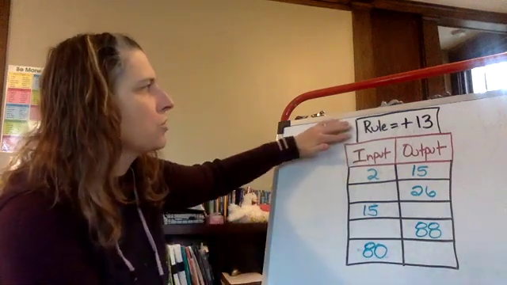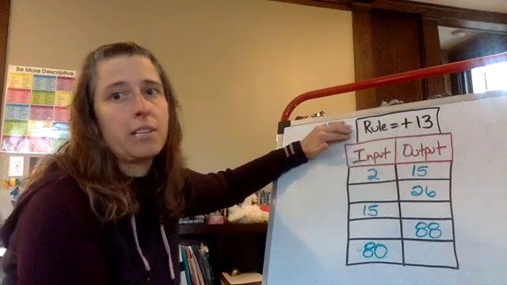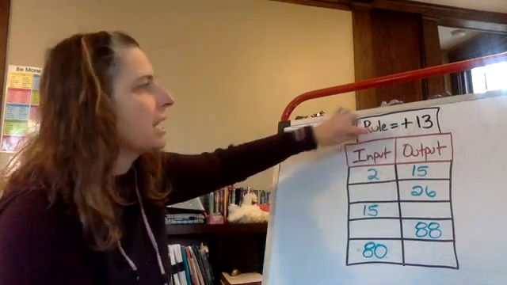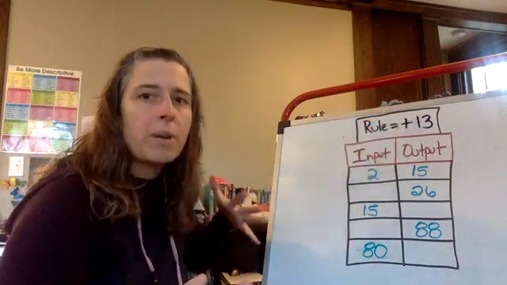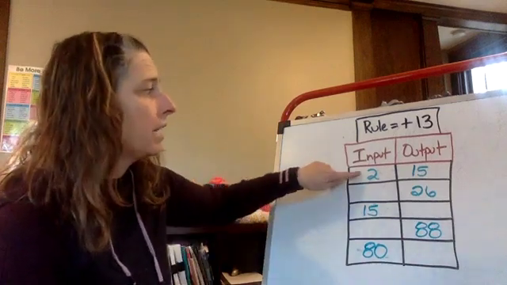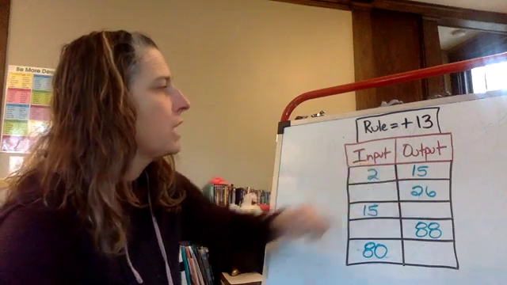The first thing we do is look at the rule and recognize the rule, which is we add 13 to the input to get the output. Let's look at the first one, because in your input-output chart there's always going to be one number that's completely done. Right here, I'm saying 2 to 15.